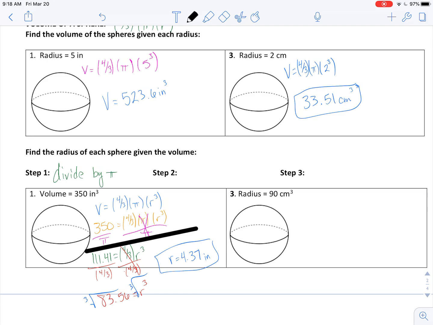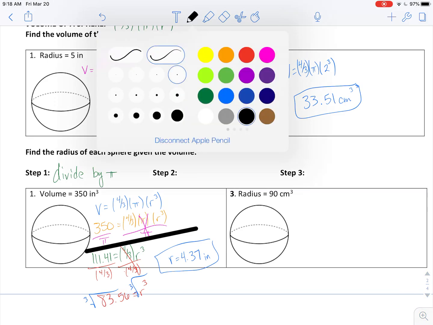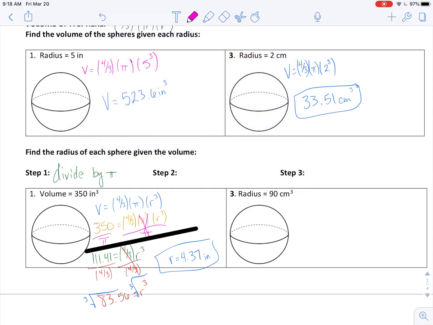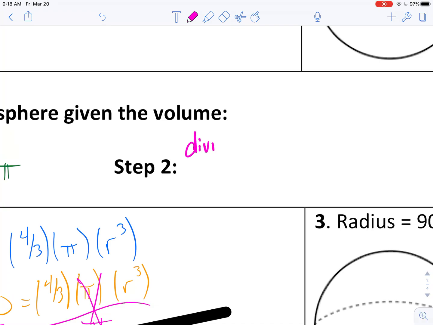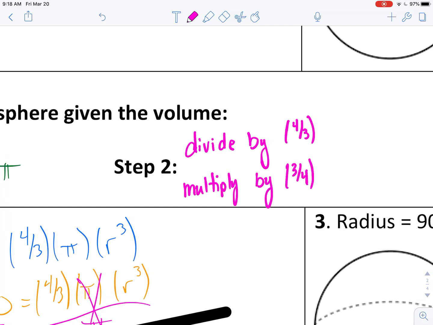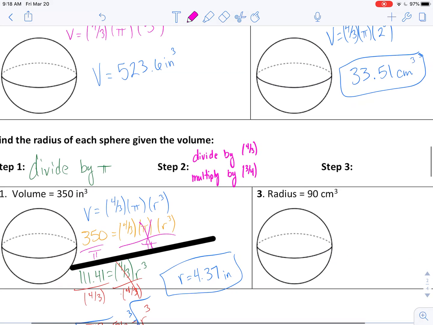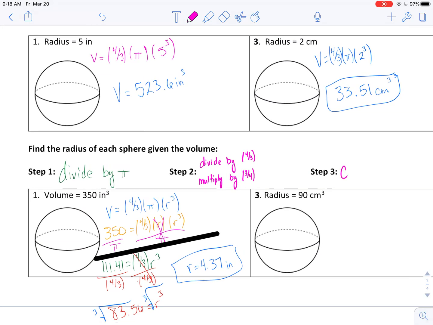Divide by pi, and then we divided by four-thirds, which is the same thing as multiplying by 3/4.